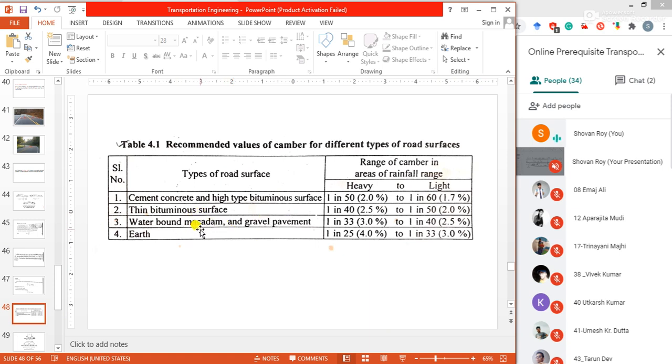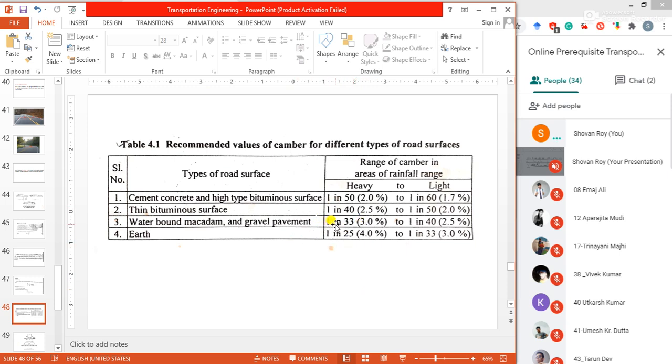For waterbound macadam road, if we take the heavy rainfall value, 1 in 33, it will be safe for our design. It will be safe for the road.